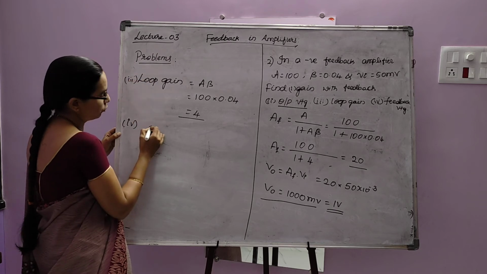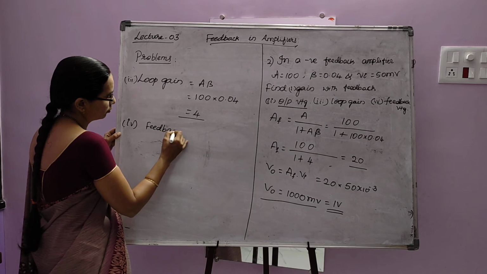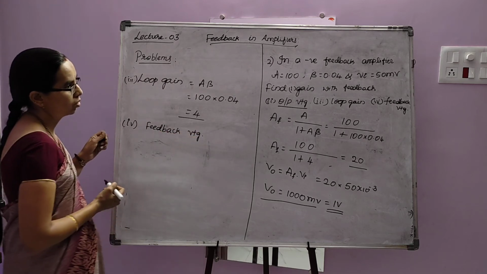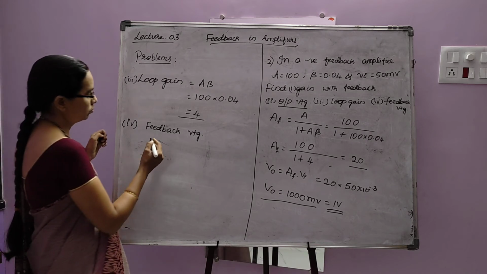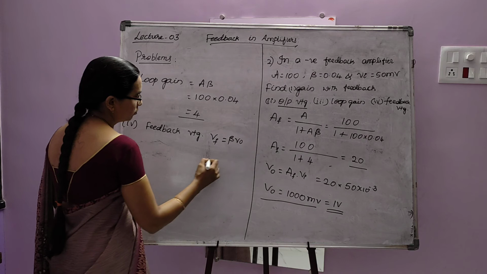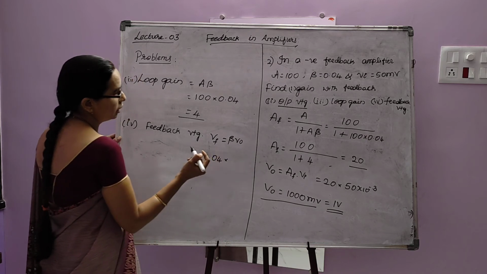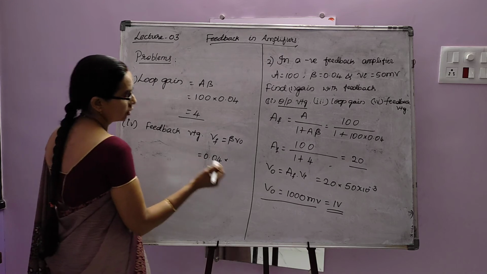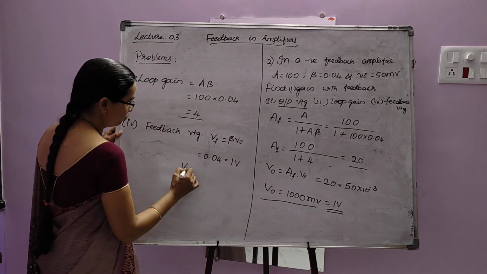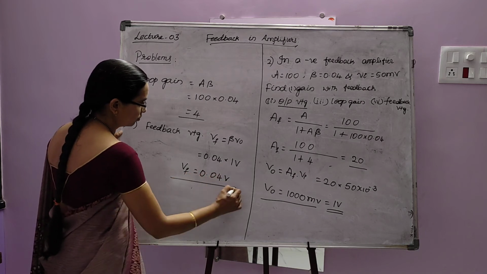Fourth one, we have to find out feedback voltage. Vf is equal to beta V0. Beta is 0.04, V0 is calculated 1 volt. Again the feedback voltage is 0.04 volt.